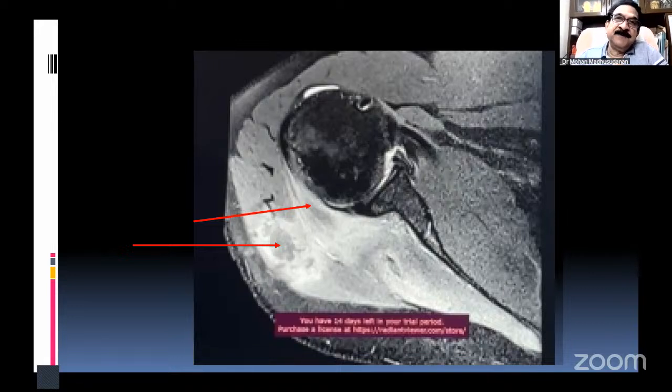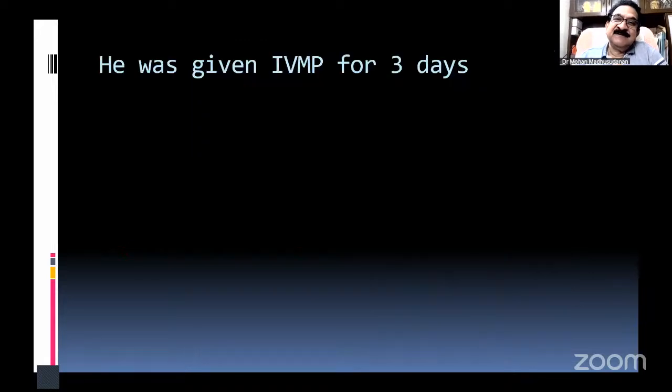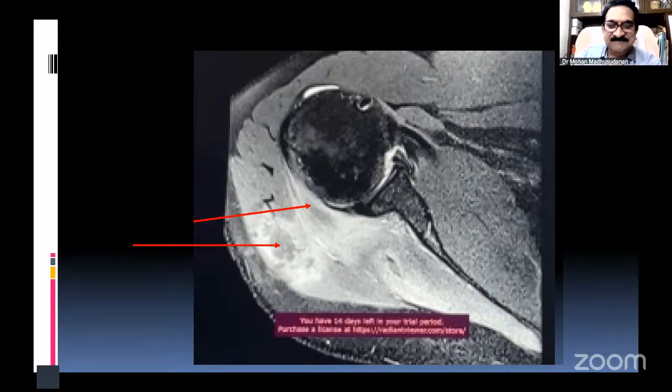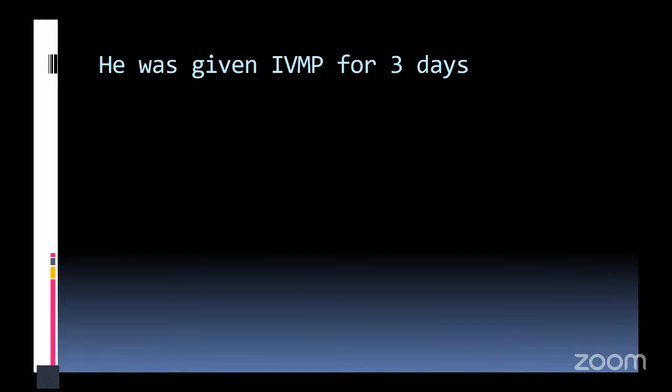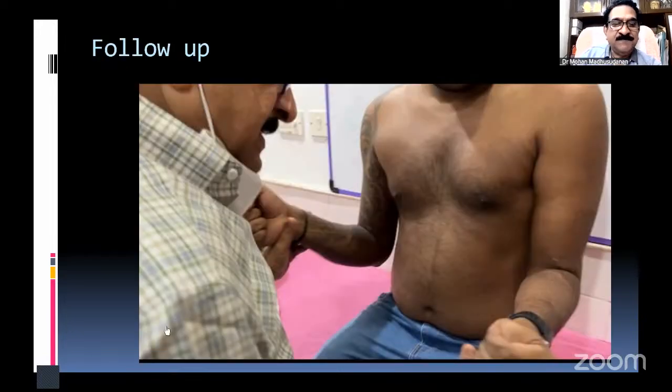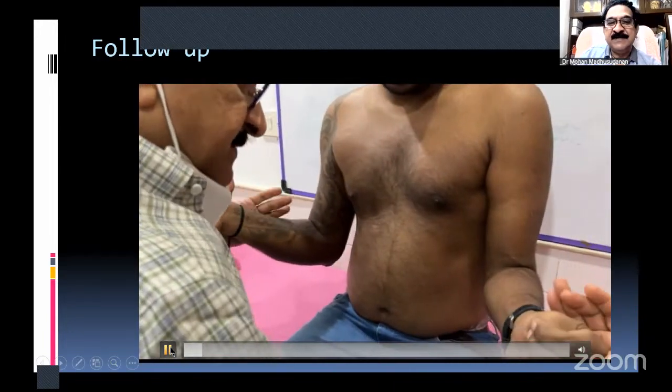But he never complained of pain in the right shoulder. Only weakness was there. Whether alcohol can cause this type of myopathy, sir? Okay, that's a good thought. HIV, sir? HIV was negative. But I'll tell you the story. He was followed up after steroid.